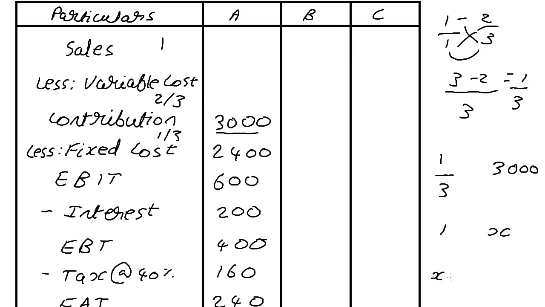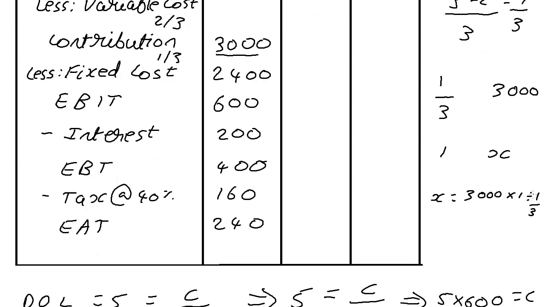So it's going to be X is equal to 3000 into 1 divided by 1 by 3. That's how we cross multiply. And we can convert a division sign into multiplication sign by taking the reciprocal. So X is equal to 3000 into 1 into 3 by 1. And therefore, this time around, X gives us 9000.